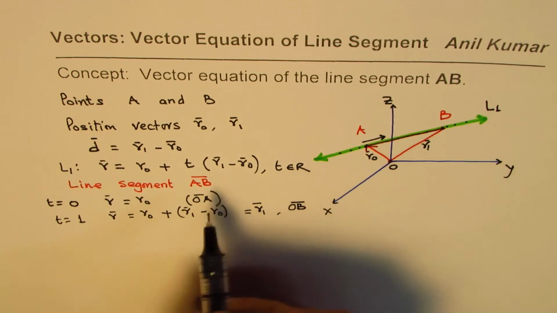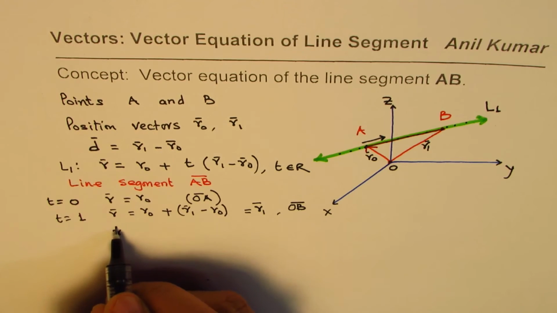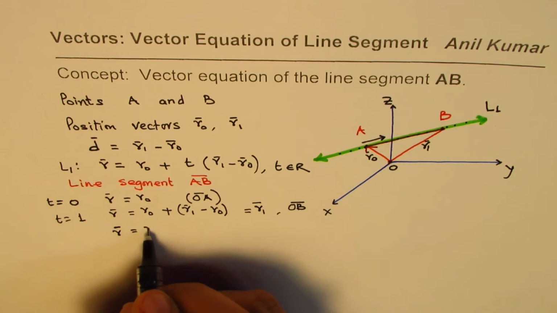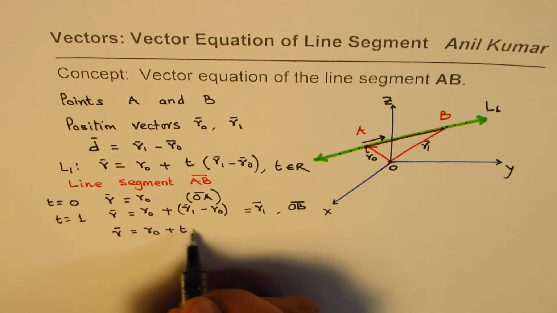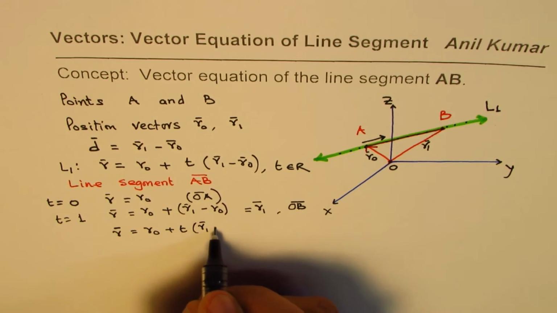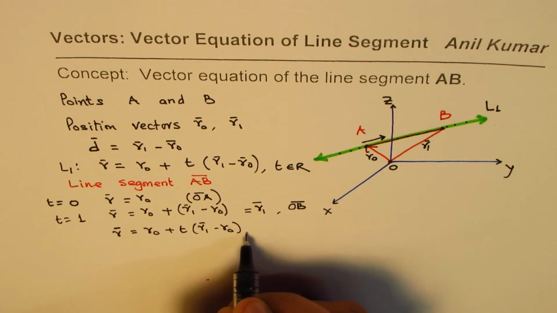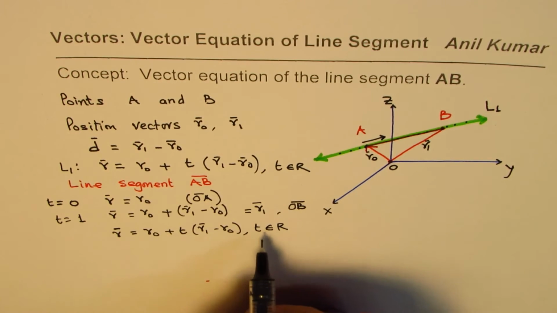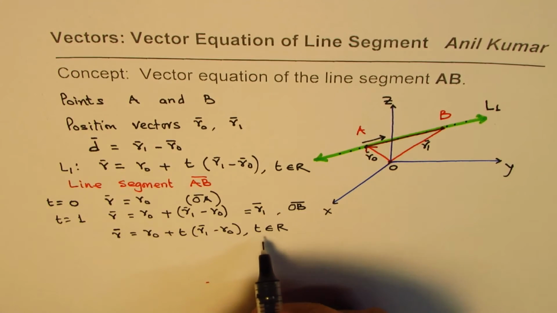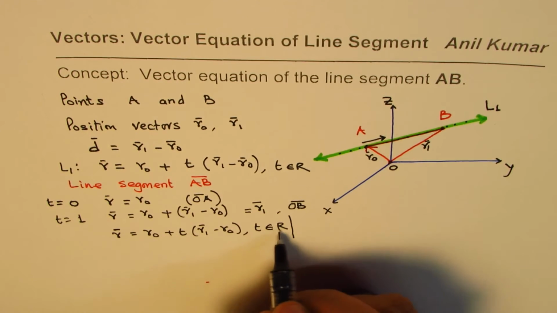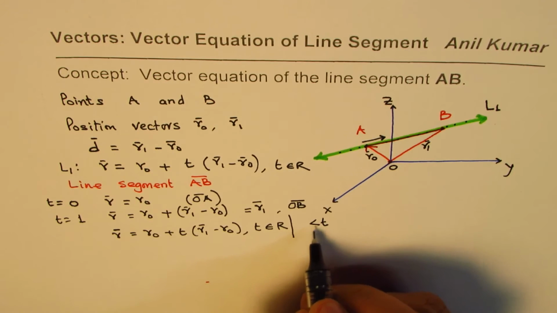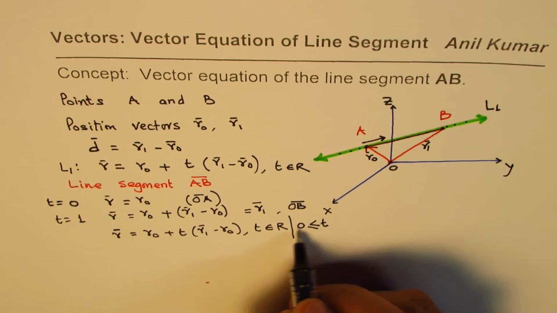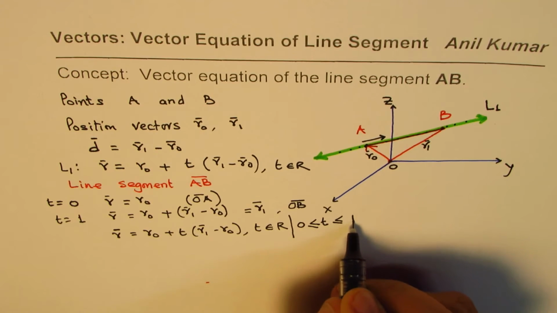And therefore, we can say that this equation, which is a general line equation, r equals r0 plus t times r1 minus r0, where t belongs to real numbers, can represent the line segment provided we give a condition that t is greater than or equal to 0, and less than or equal to 1, right?